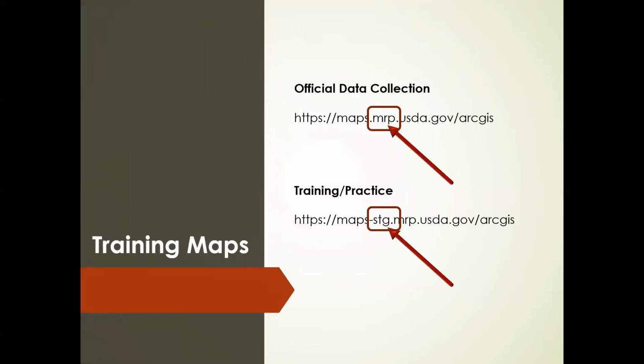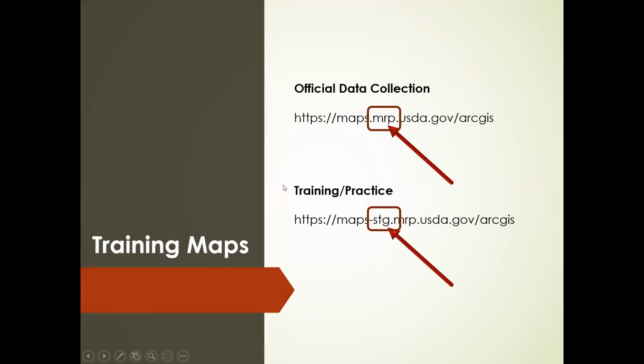What's important is that only official data should go in this production or this MRP portal, and only training or play data should go in this stage portal. So you do not want to accidentally be still in a training map and enter real data, and vice versa. You don't want fake data or play data to end up in the official data collection map. So when in doubt, sign out.